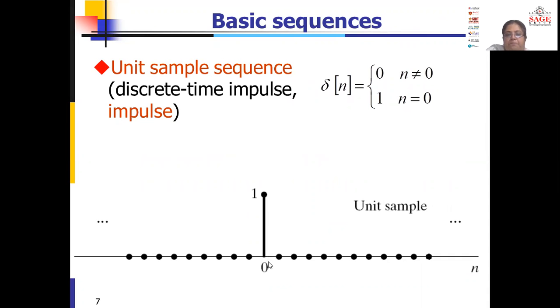So we get the impulse at 0 with amplitude 1, and it is 0 elsewhere. We represent the impulse as delta[n], a discrete time signal whose value is 0 for n not equal to 0, and 1 for n equal to 0.